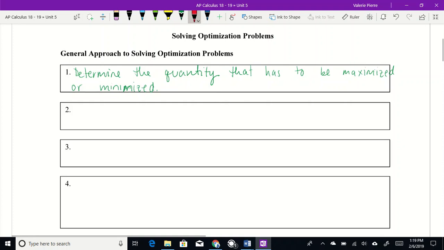Second step is sketch the picture. Never go wrong with sketching a picture.